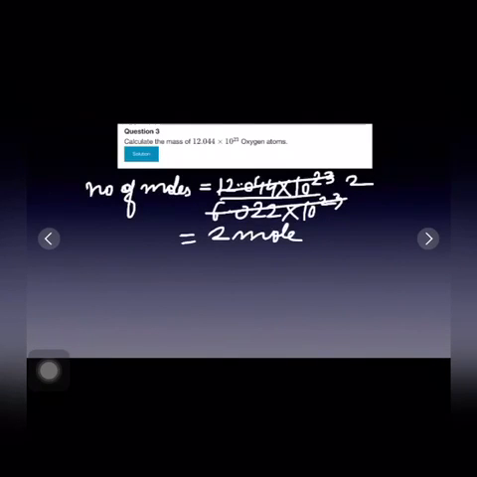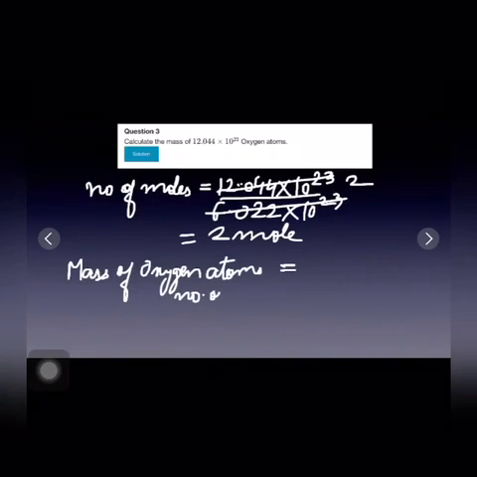Now to calculate the mass, we know the formula, which is number of moles is equal to mass upon molar mass. So it can be calculated as mass of oxygen atoms is equal to number of moles into molar mass.